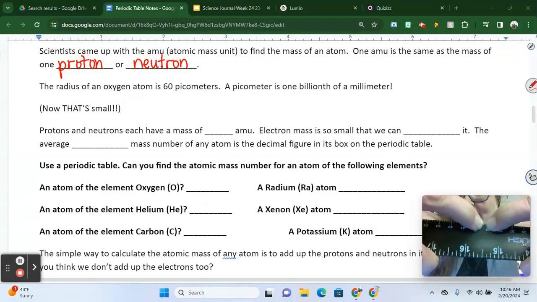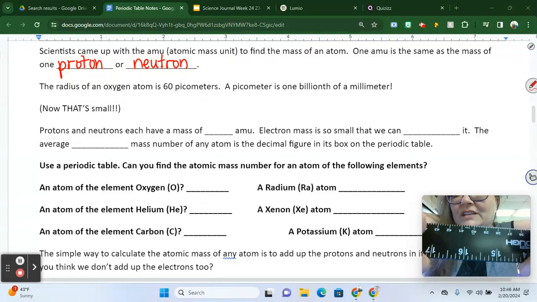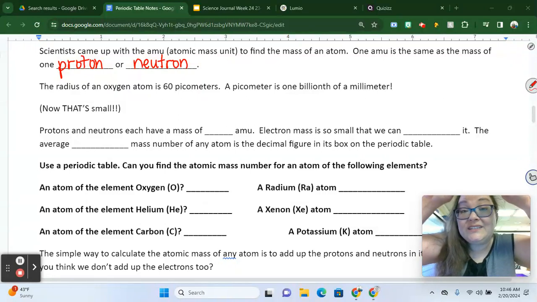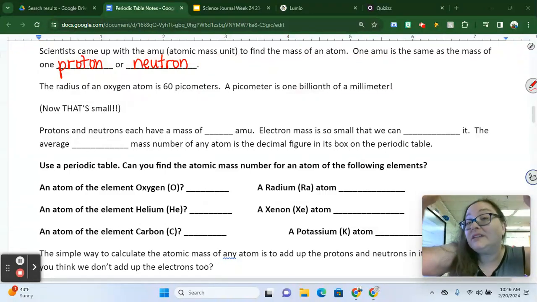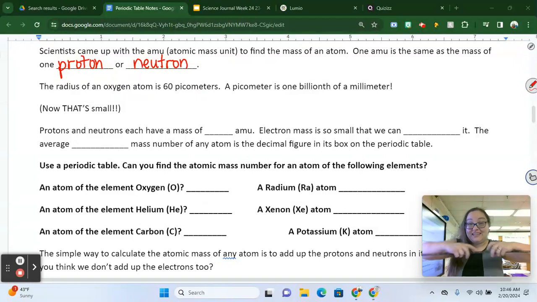Imagine in your mind dividing that up into a billion, with a B, billion equal pieces. Got it? So that teeny little space, a billion equal pieces. 60 of those pieces is how big an oxygen atom is. Yeah, pretty crazy. That's small.